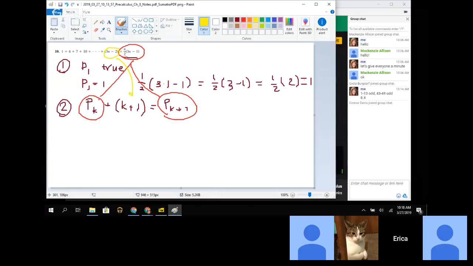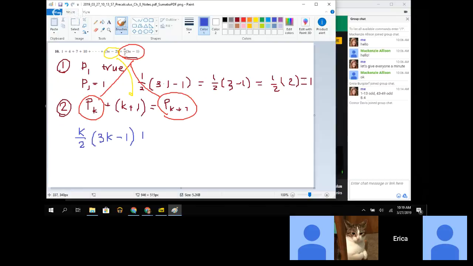That's how we're going to prove that it's true. Okay. So for this particular one, we have P sub k. We're going to use the formula that's given when we add up all of our values through k. What does that look like? It should be k divided by 2 times 3k minus 1. Okay.